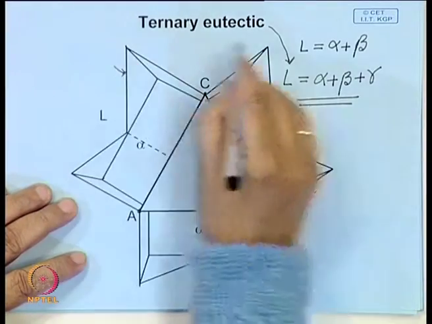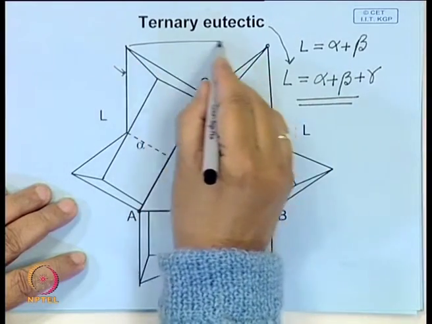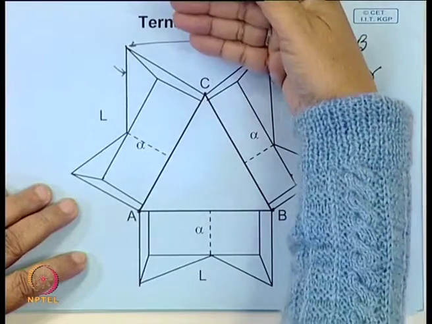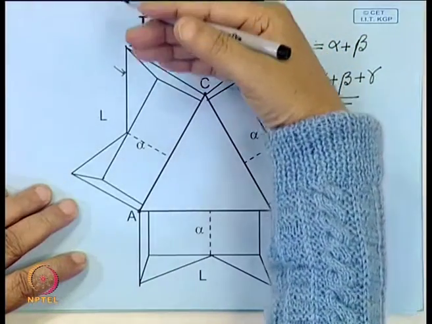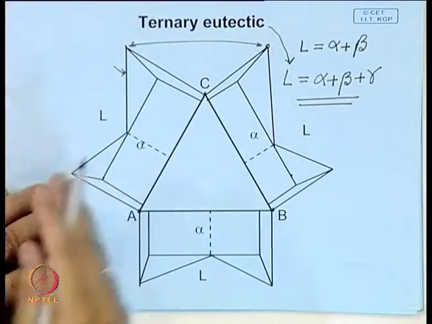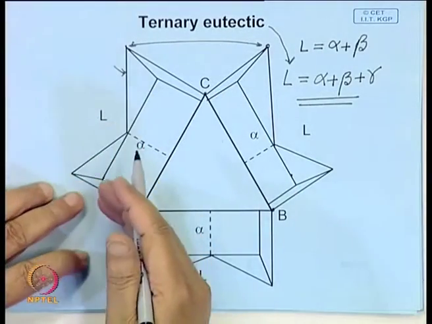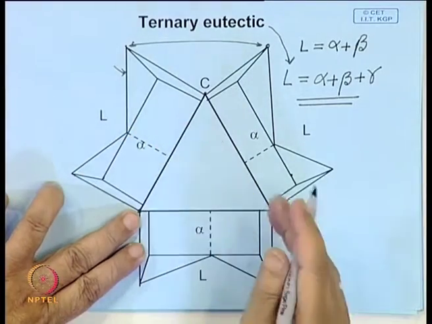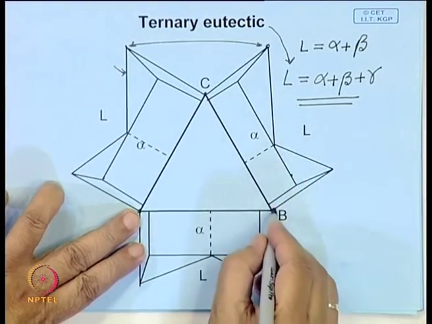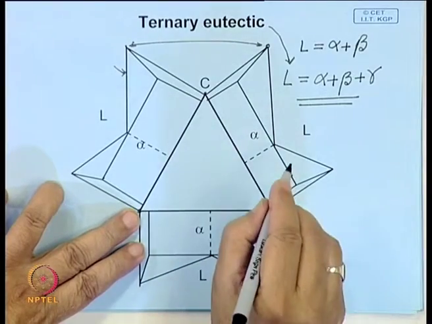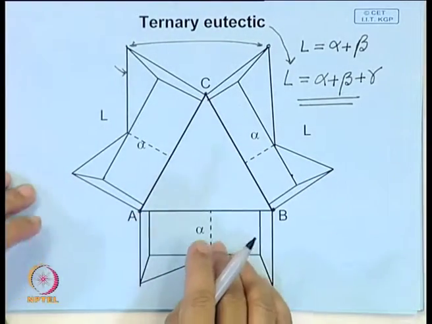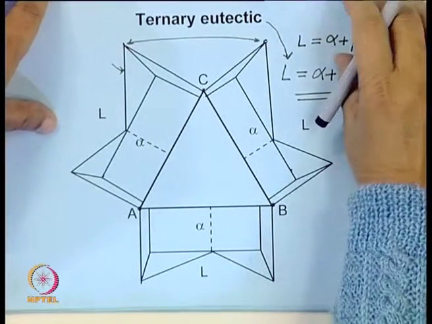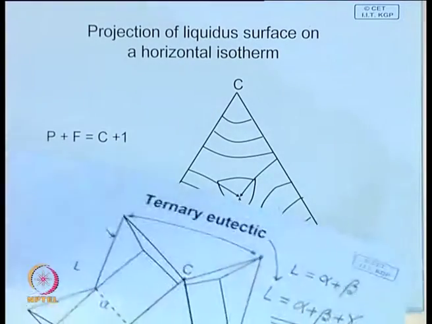This point will join with this. One liquidus surface will drop down from the vertex at C like this. Similarly, another liquidus surface will drop down from the vertex at A, and the third one from the melting point of B, and they will all meet at the eutectic point, which is shown here.